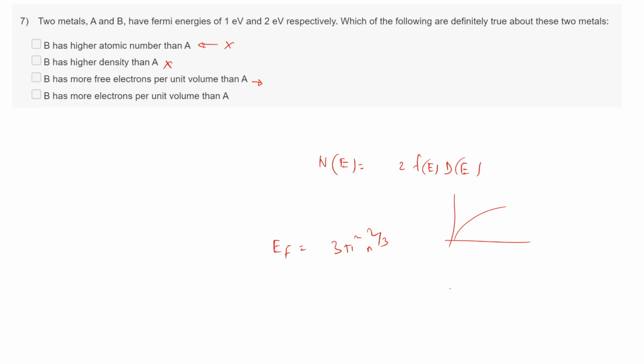So more the number of free electrons, here n is the free electron density.